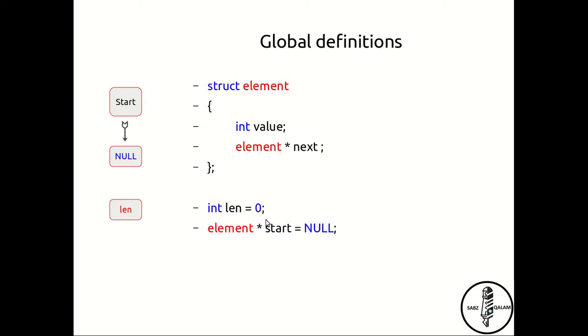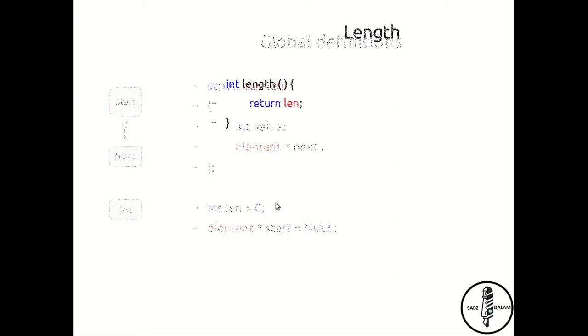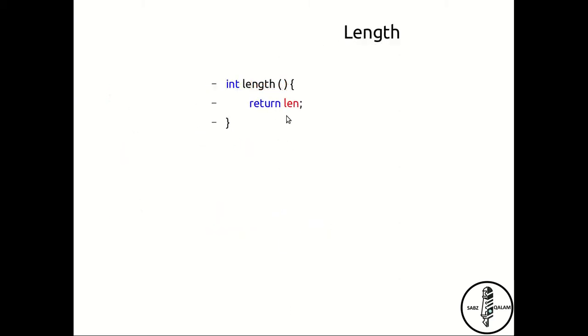And the other all important variable is the start, which points to the first element of our linked list. Because this is our global definition, initially start has been assigned to null and length has been assigned to 0.